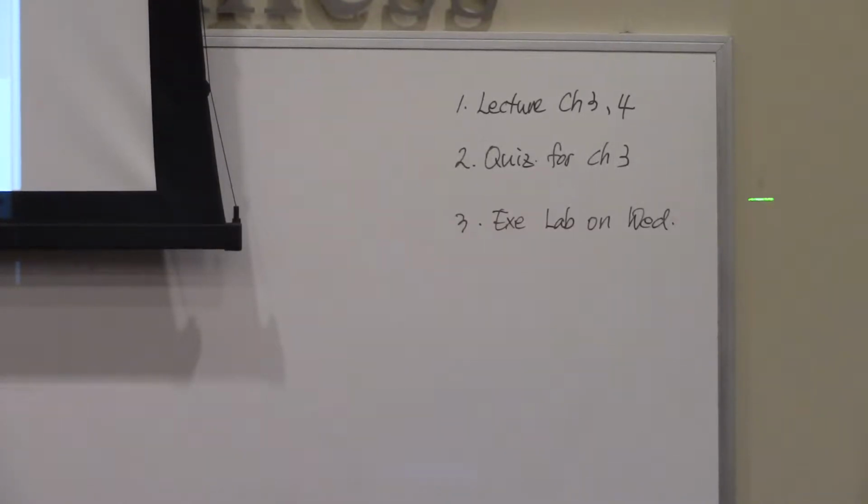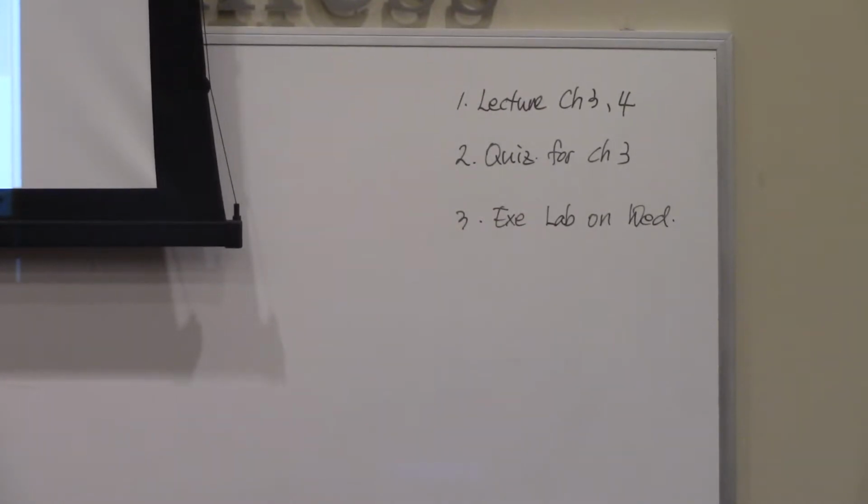Then I'm going to explain the exercise lab a little bit. Maybe the GA will give more information about the project during the exercise lab on Wednesday, maybe this week or maybe next week.